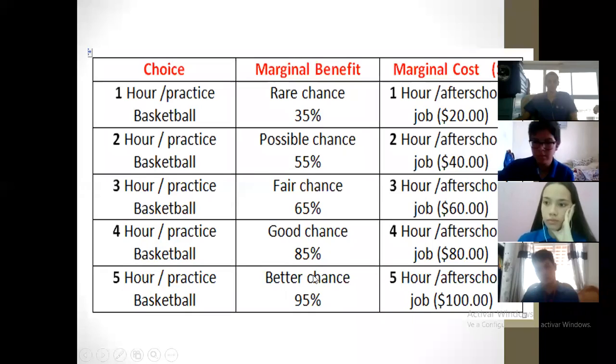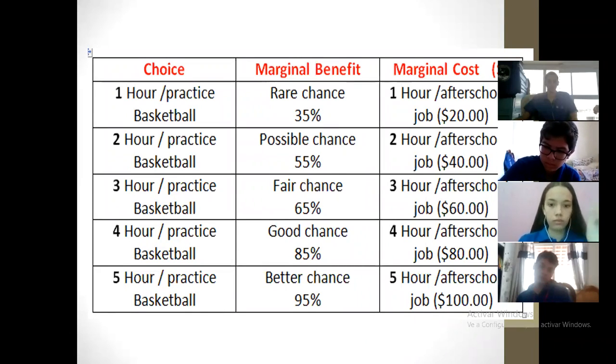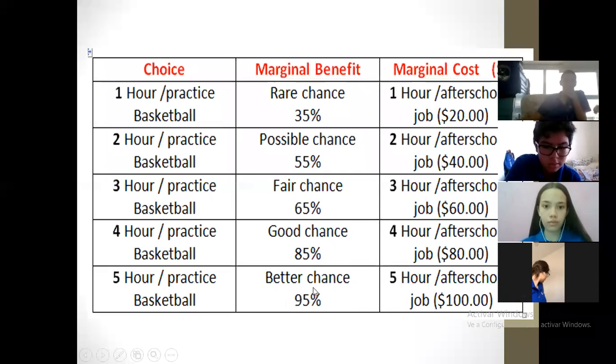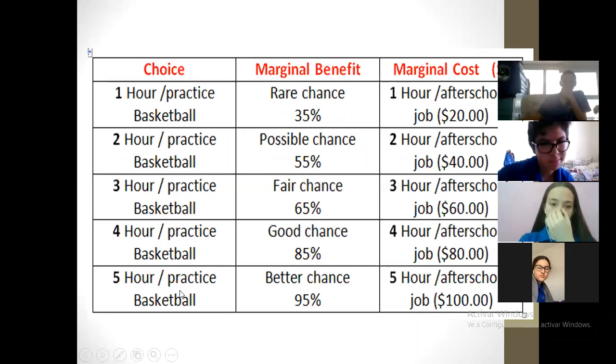Now, what is going to be the opportunity cost of entering? Daniel, I'm going to ask you a question. What is going to be the opportunity cost if he decides to invest his 5 hours only practicing basketball?